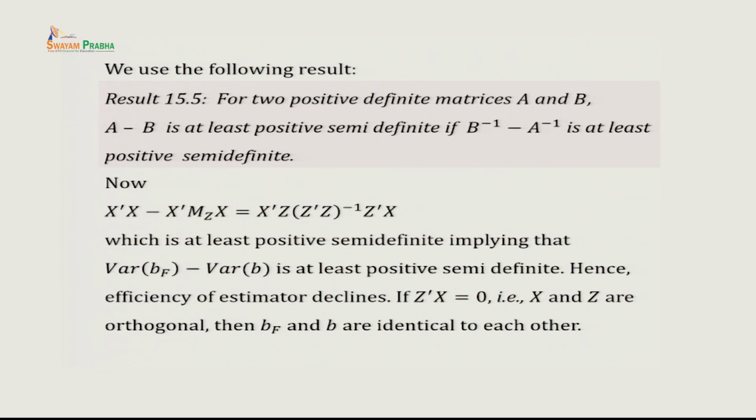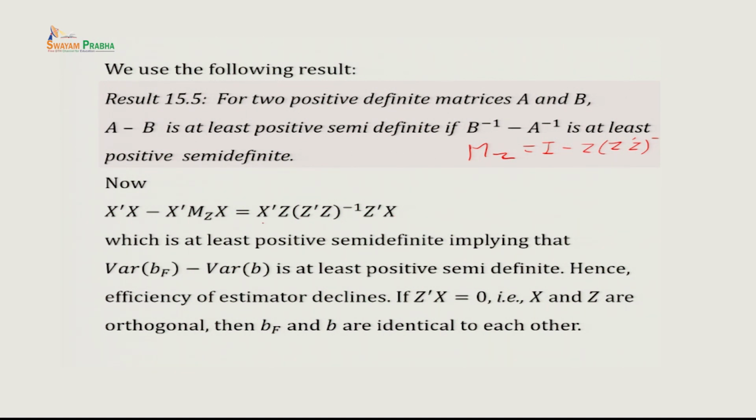So, we take the difference x transpose x minus x transpose m z x, and this is actually equal to, m z is equal to I minus z, z transpose z inverse z transpose. So, finally, you get x transpose z, z transpose z inverse z transpose x.